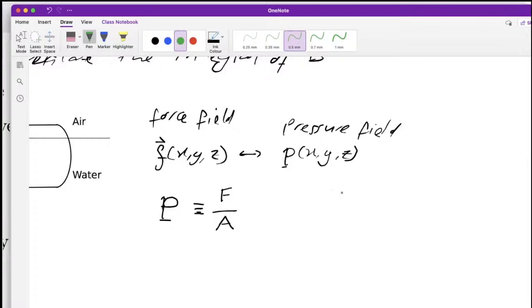P is a scalar value here. And somehow we're going to make it equal to force, which is a vector, right? Force is a vector.